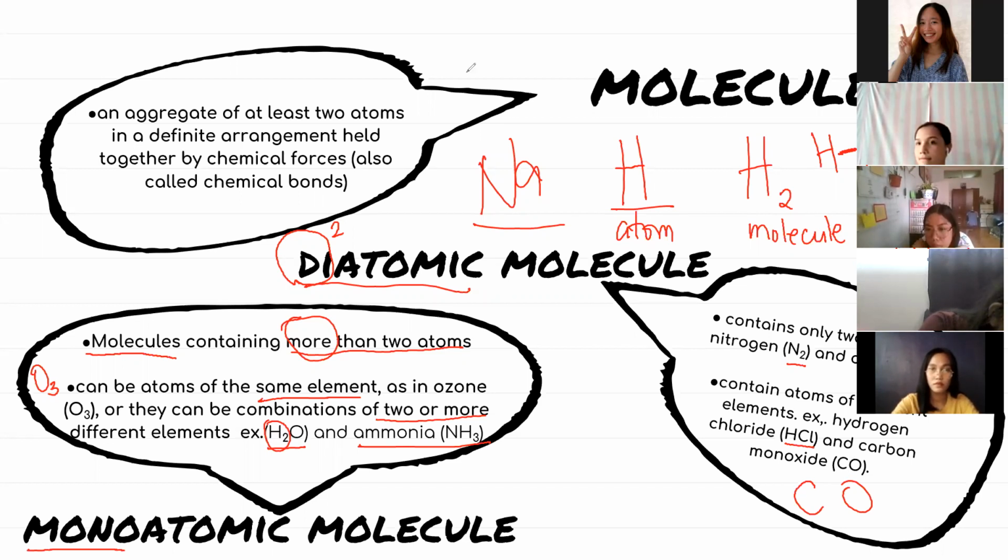And then polyatomic molecule if more than 2. So 3 or more, we call them polyatomic molecules. By the way, Kim sent this correctly: a mnemonic for the diatomic molecules.